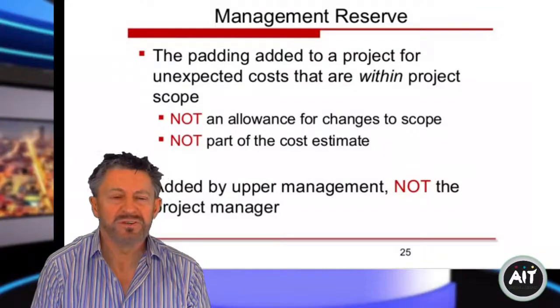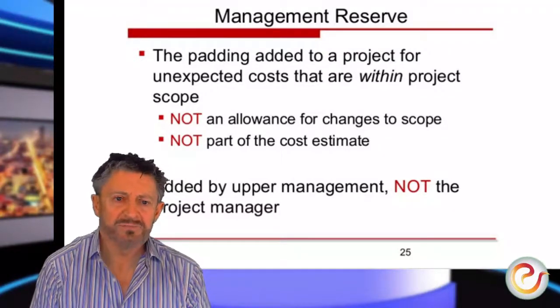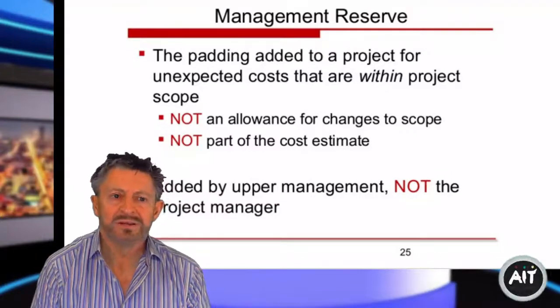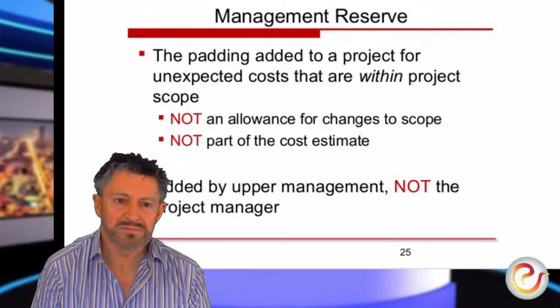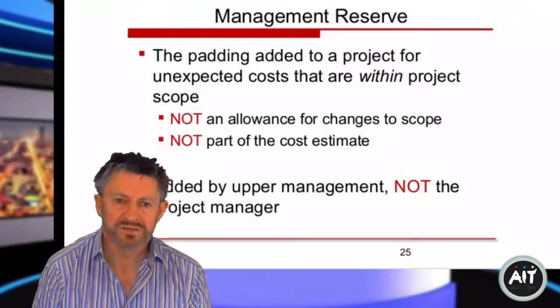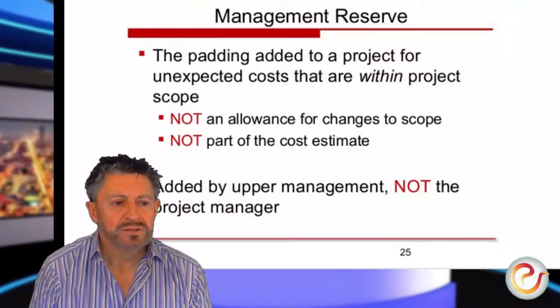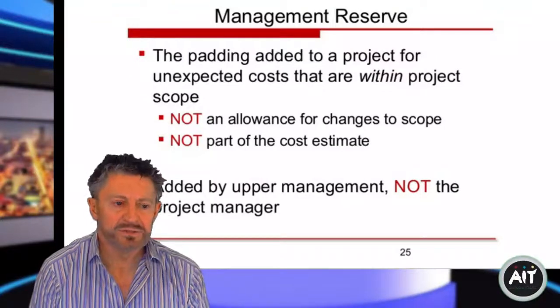We don't factor, well, usually we do, to be honest with you. So we have the worst case scenario, best case scenario, and then the expected scenario, using the swing plus or minus 10% or maybe 5% overall. So added by upper management, not the project manager himself.